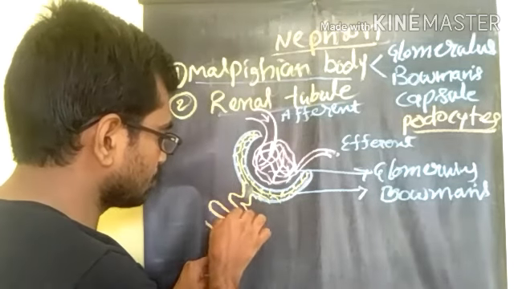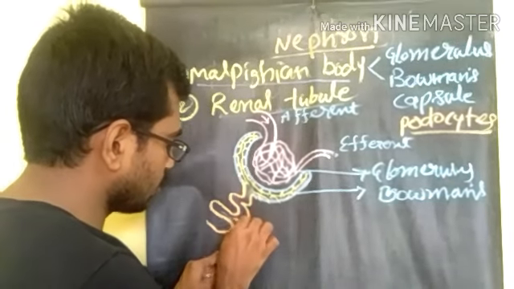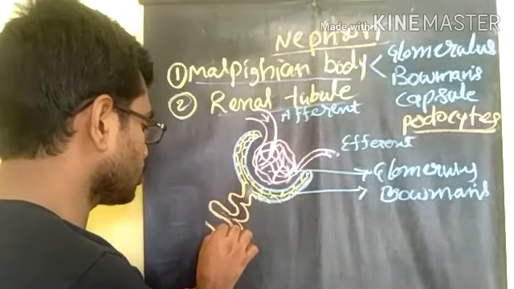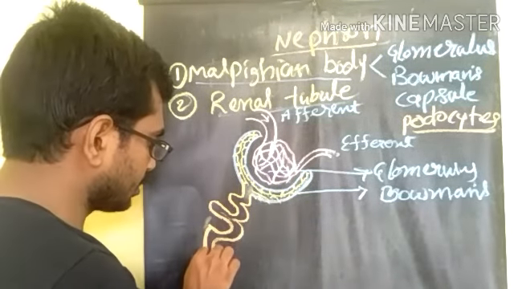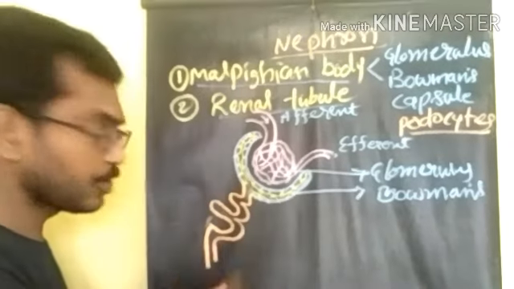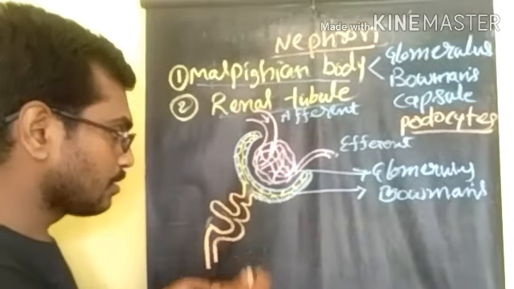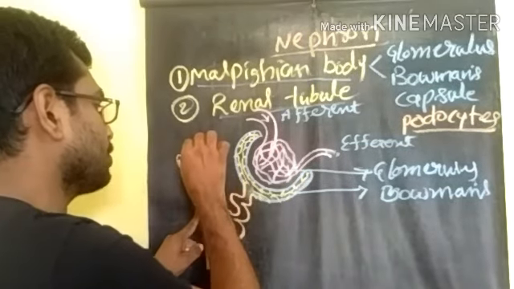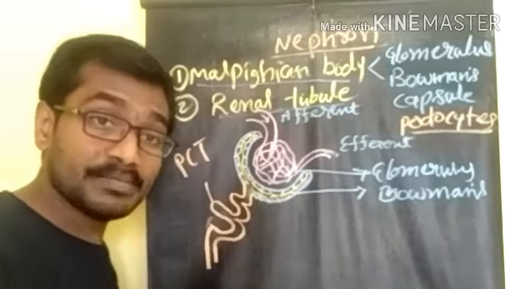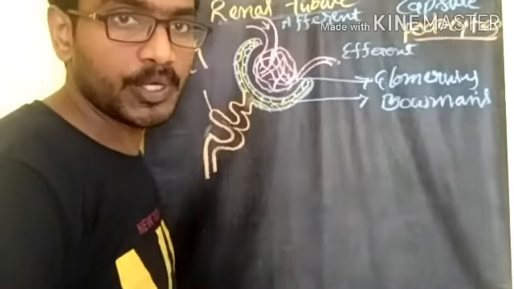This convoluted portion is located very close to the glomerulus, and we call it the proximal convoluted tubule, PCT.